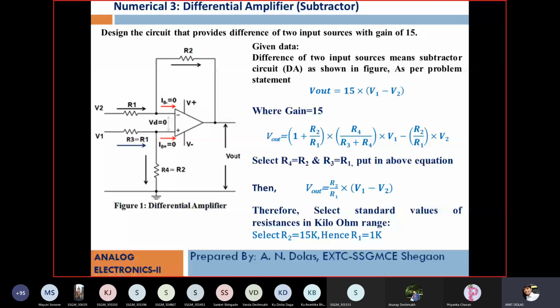Once it is finished, we'll move to the next. We have taken 3 numericals on the subtractor. Summing amplifier, inverting and non-inverting, is also easy; that we will conduct later on.